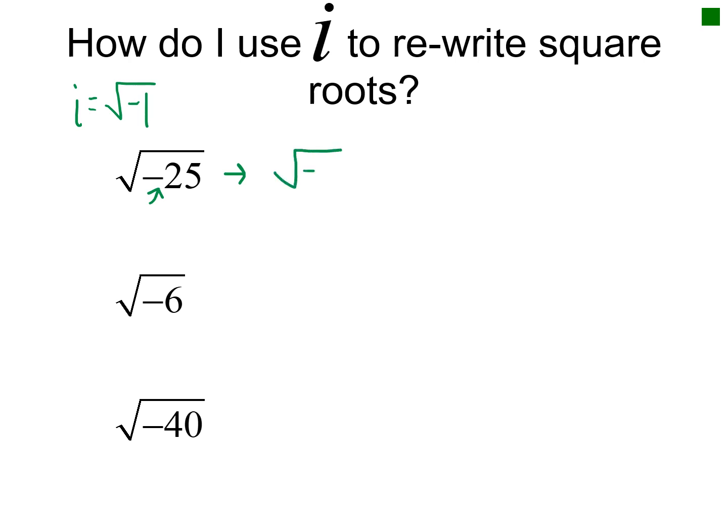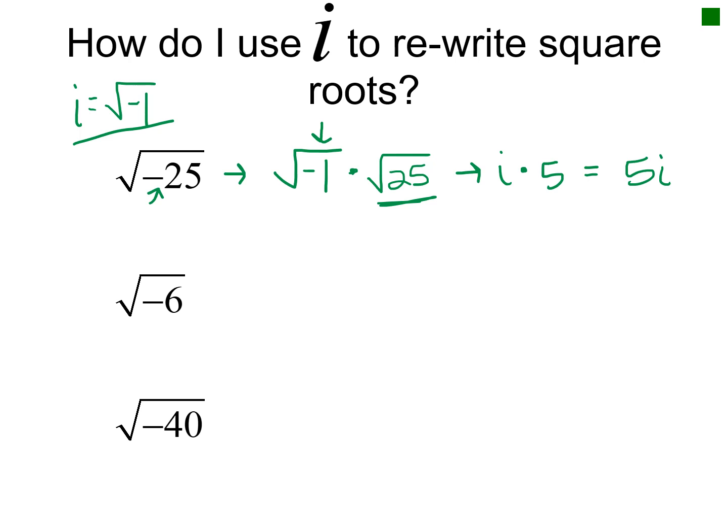So I'm going to split this up into the square root of negative 1 times the square root of 25. So now we know that the square root of negative 1 is i times, and the square root of 25 would be 5. So this is going to simplify to 5i. We put i in the back so it doesn't look so confusing. It's kind of like a variable, but we know that i is equal to that square root of negative 1. So let's try the next one.